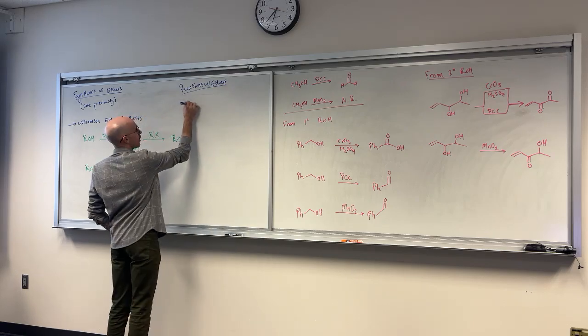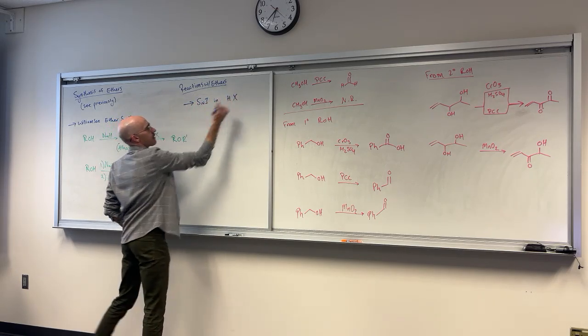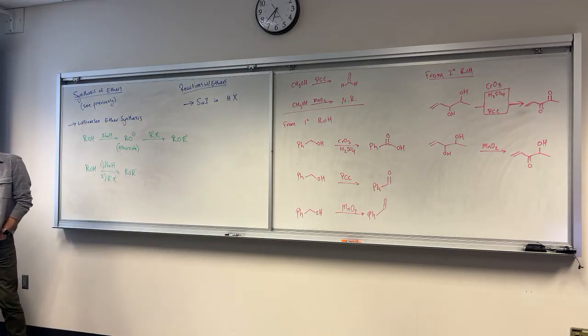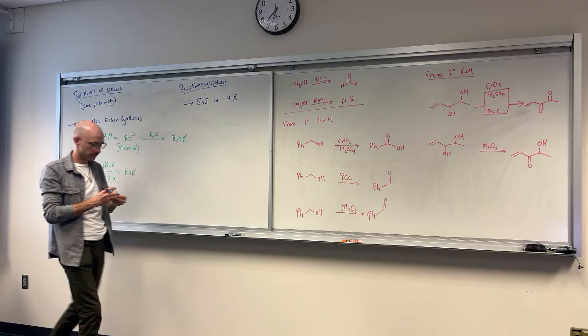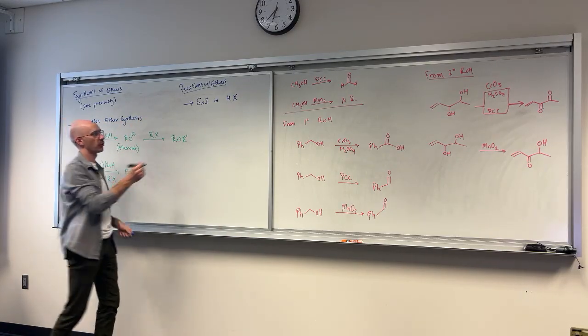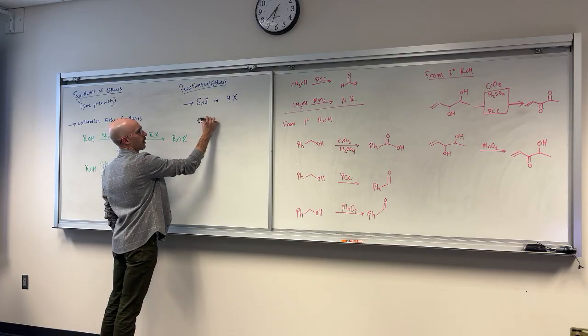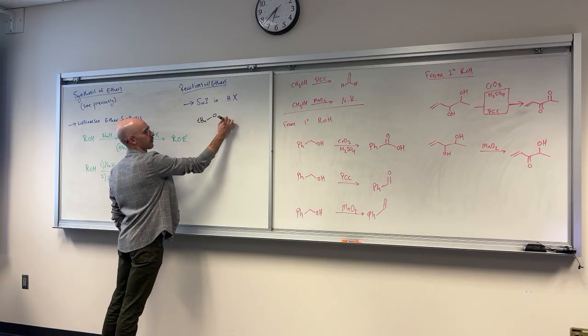What we can see, though, is SN1 in acidic conditions, HX. Here's the general rundown. Let's say I have tert-butyl ether.